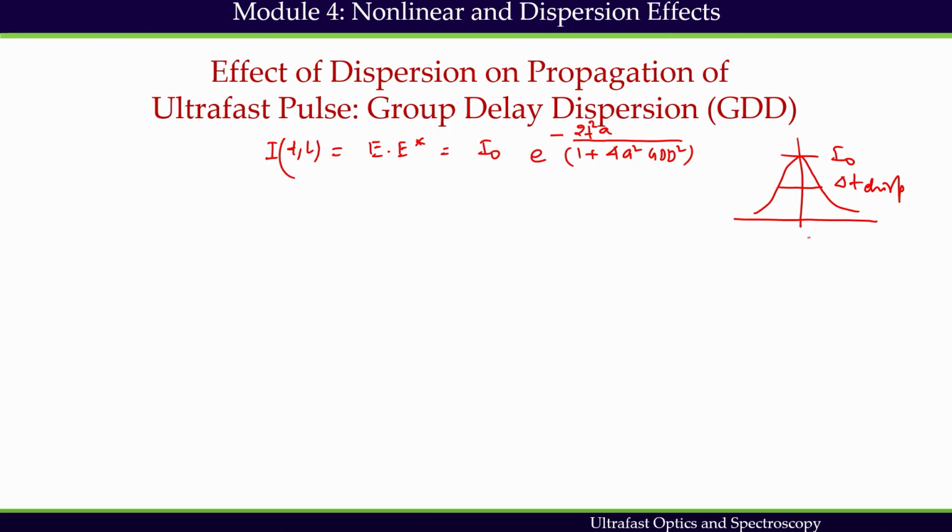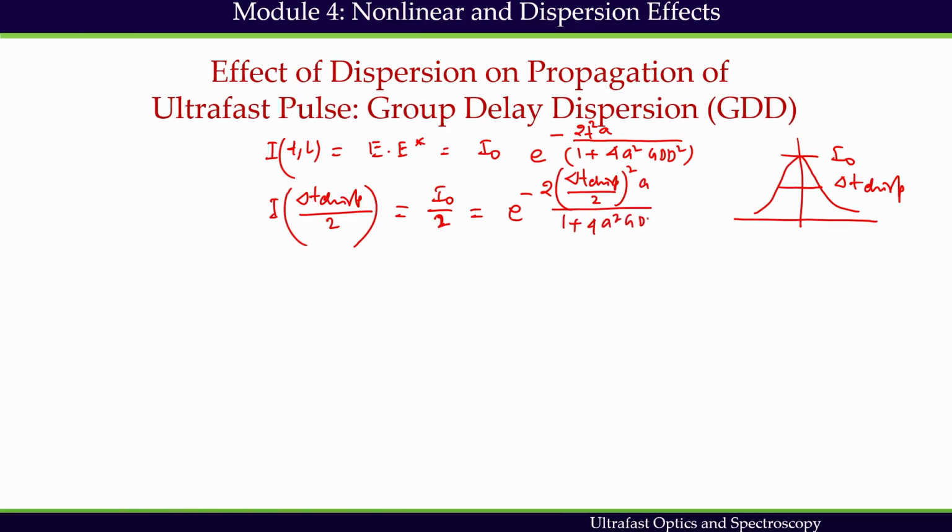By definition, at delta t sharp divided by 2 I get half of this intensity, which is I naught by 2, which is e to the power minus 2, then instead of t we insert (delta t sharp divided by 2) whole square, a divided by 1 plus 4 a square GDD square. So this is the definition of full width half max.